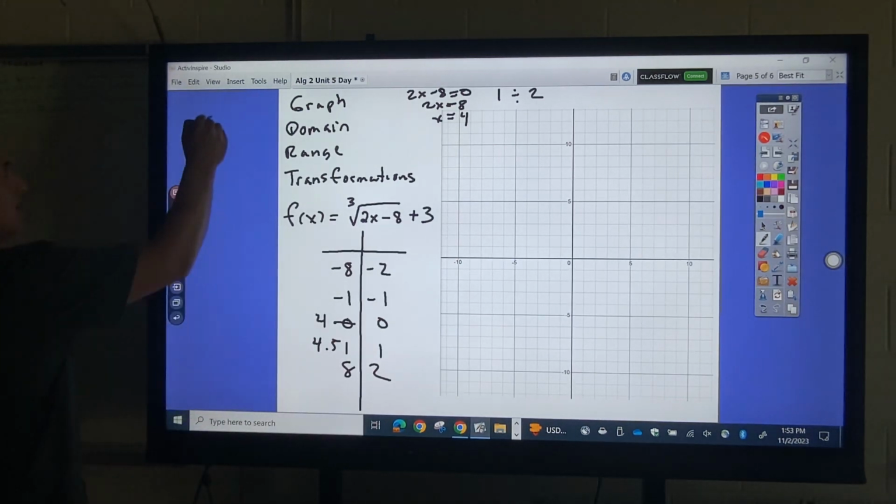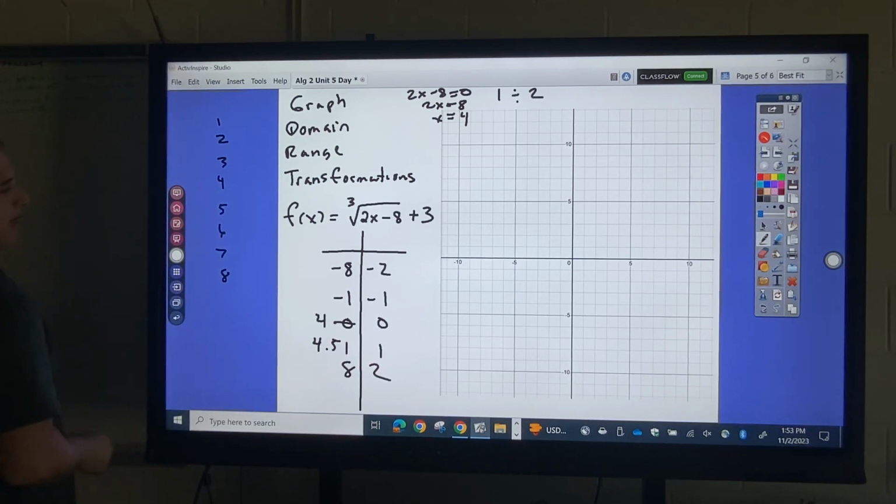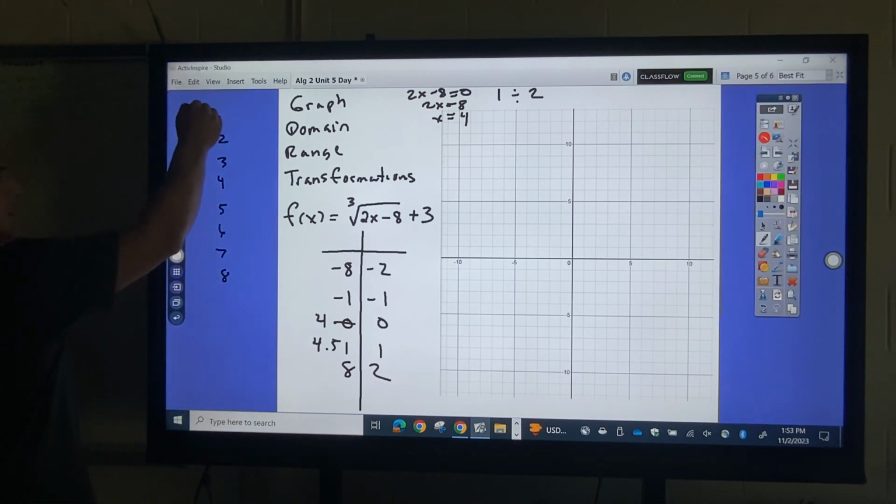And so now I got to look at this 1, 2, 3, 4, 5, 6, 7, 8. That's going to be, so this is now 4.5, and I'm going in increments of 1/2.